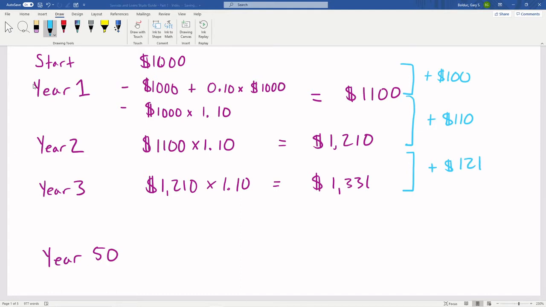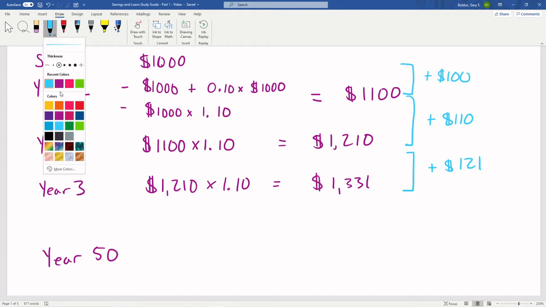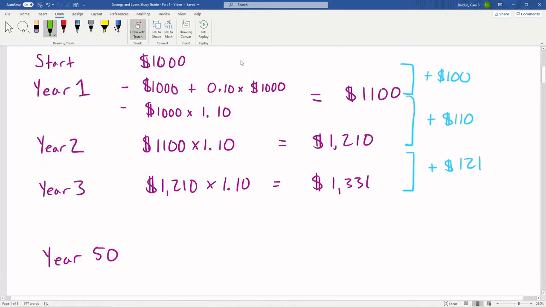So, this is going much further than you necessarily need to go, but you could kind of keep going here. Watch this. First year, I went up $100. Second year, I went up $110. That's an extra $10. But look at this. Between year 2 and 3, even that is increasing faster.